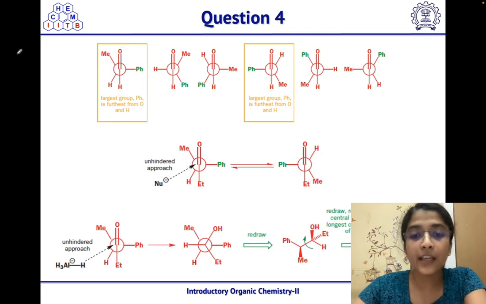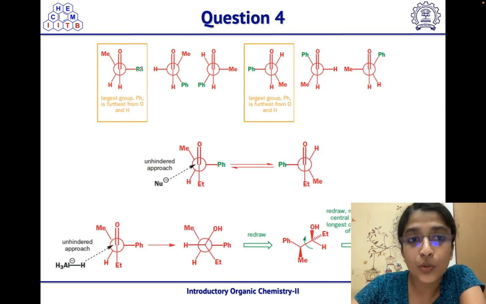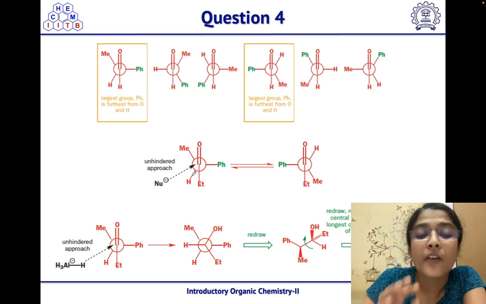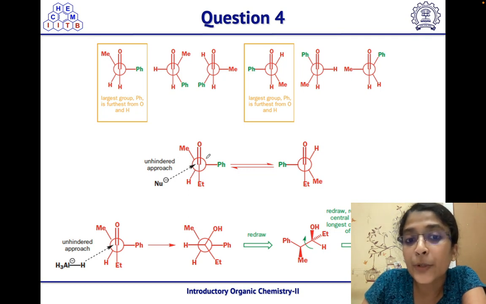We can see here two conformations with the phenyl group perpendicular to the carbonyl group, and out of these two, here we can see hydrogen only is present. We have to see about the Burgi-Dunitz angle.